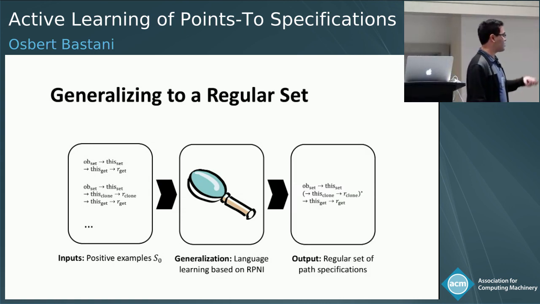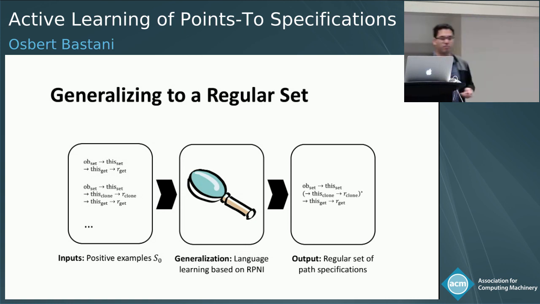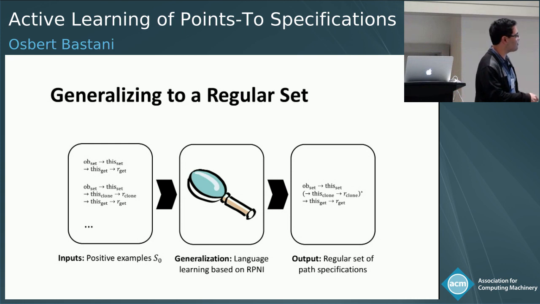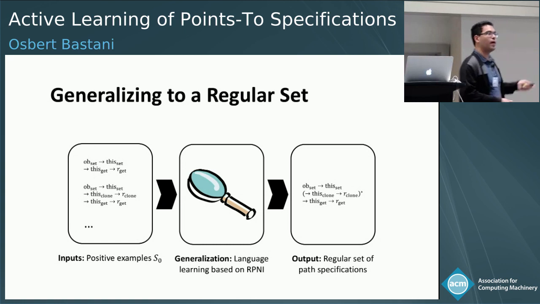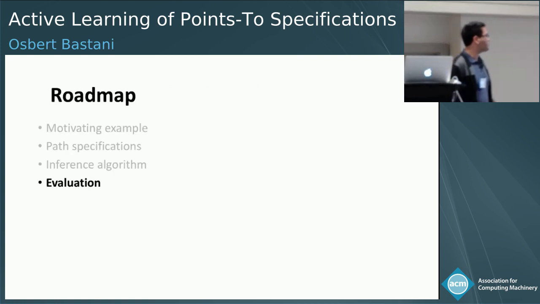Finally, our algorithm outputs a regular set of path specifications. We also have a fourth step, which I didn't mention, which is converting this regular set of path specifications into a set of code fragments that can be analyzed by our static PointsTo analysis.